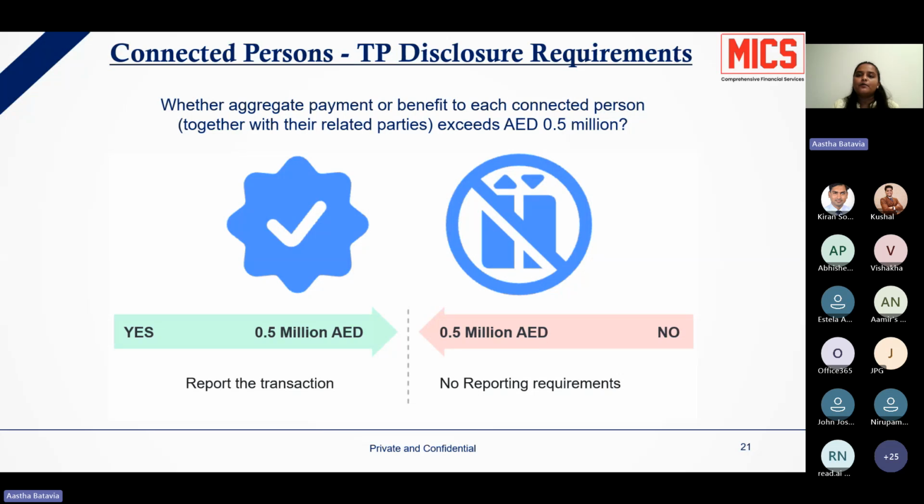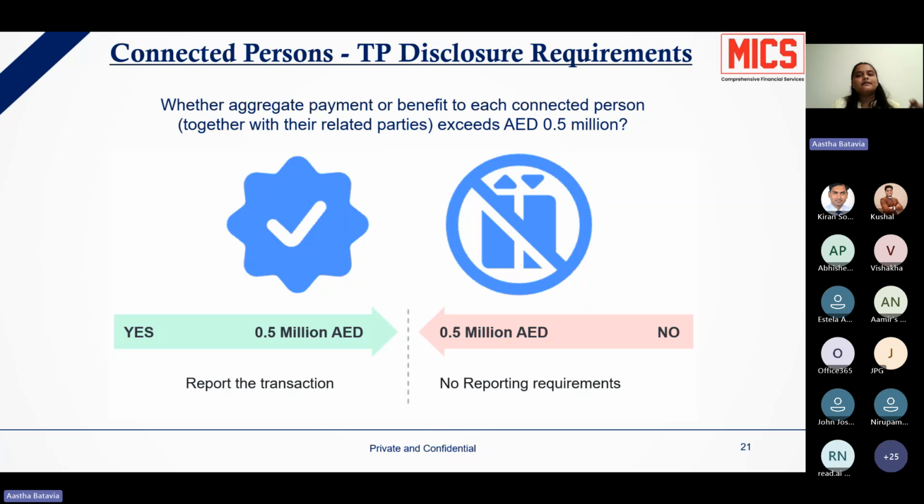We have seen who the connected persons are in our previous session; you can refer to that session. So if we are making any payments to those related parties, and for each related party it exceeds 0.5 million, that is 500,000 AED, then we need to report those transactions.